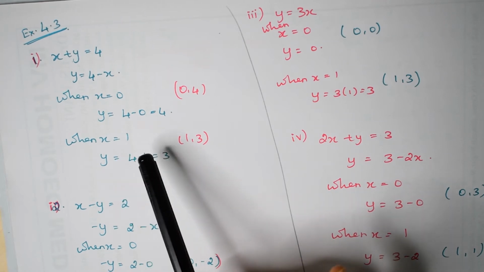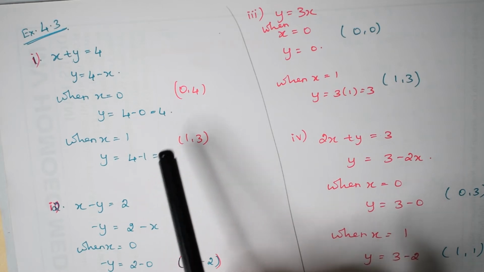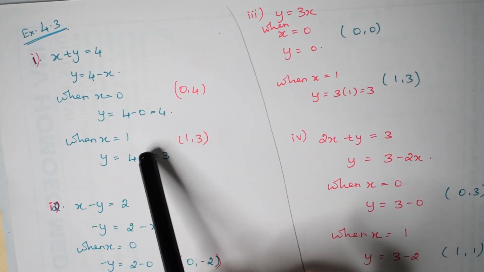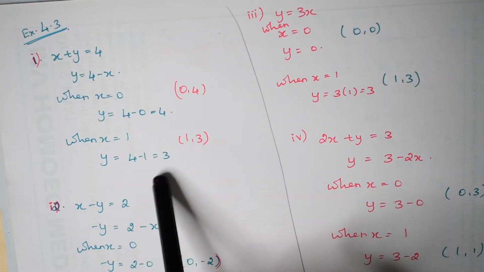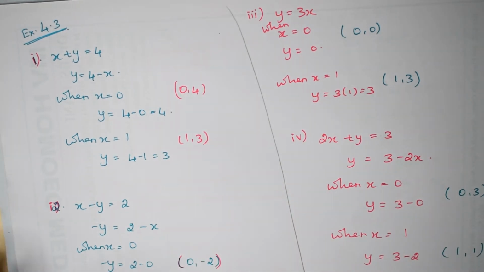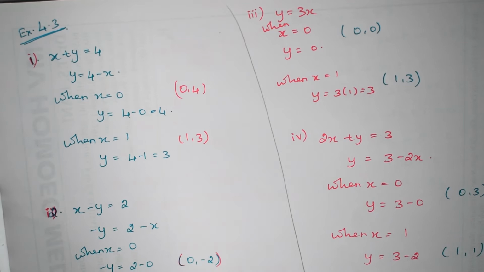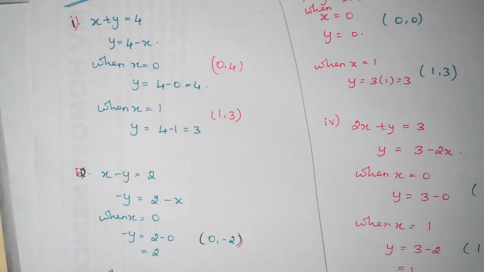It can be 0, minus 1 or plus 1, 5, any number. Then I substitute 1 for x, and y's value is 3, and these two are the coordinates. When I represent it on graph paper, this will be the line. First we will solve all the equations, then I will show you on the graph paper.